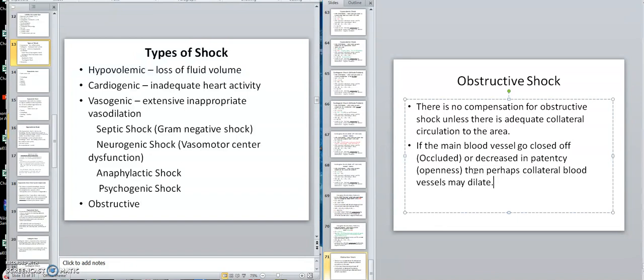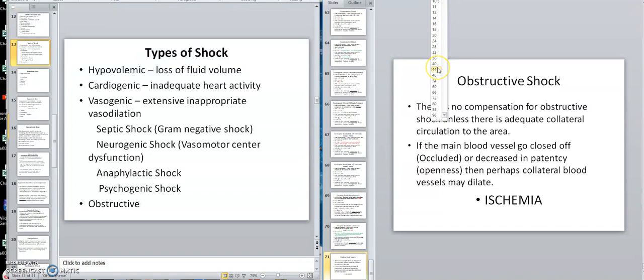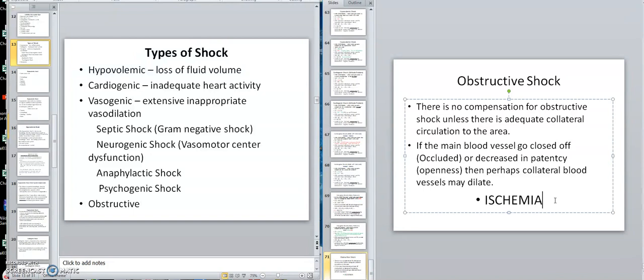Now, this close off, here's a word I want you to burn in your mind. Ischemia. That's a word that I want you to really know what I'm talking about. Ischemia is decreased blood supply. We'll bring it up when I talk about carrying lipids in the circulation, which we'll do in a video or two.